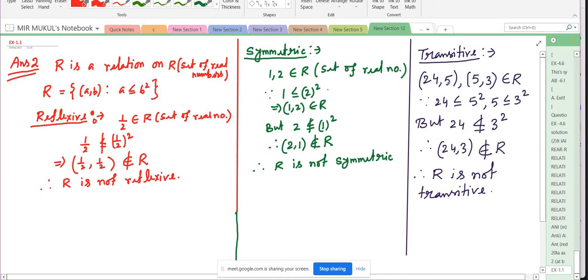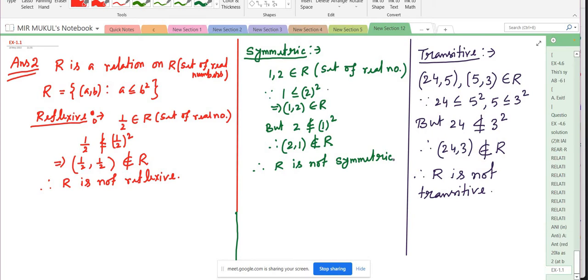Otherwise, if we take 1 and 5, it will satisfy. But if you take a number near 5 square, like 23, or 22, or 20, then you will observe it will not satisfy. So it is not transitive.